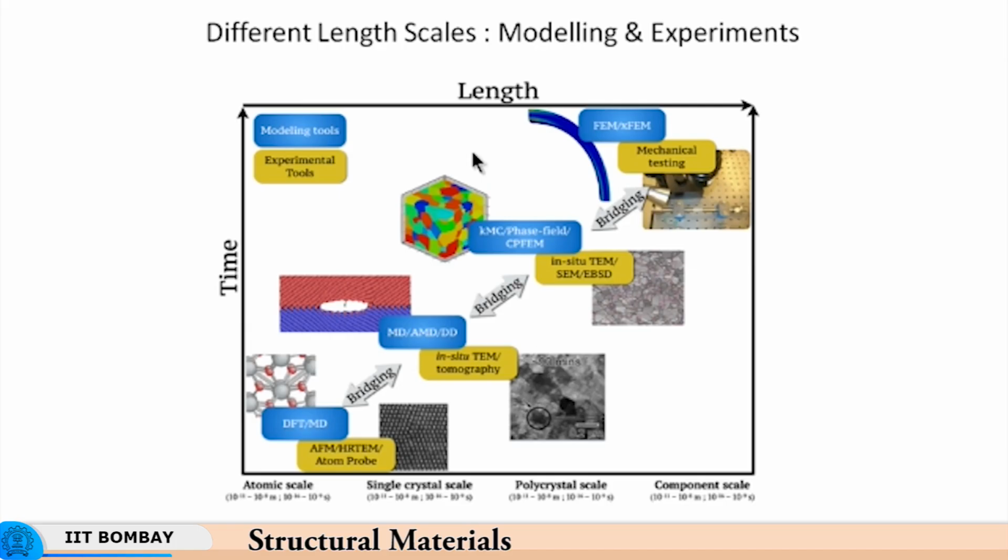At single crystal scale, so now we are going from atom to single crystal, we have molecular dynamics as the simulation method, and that is analytical method, and then you have TEM and tomography as measuring, that is experimental tools. Then you have phase field modeling and crystal plasticity finite element method for polycrystalline scale.